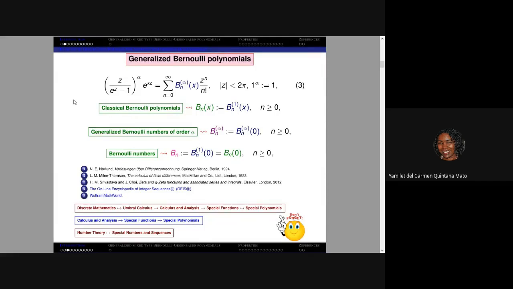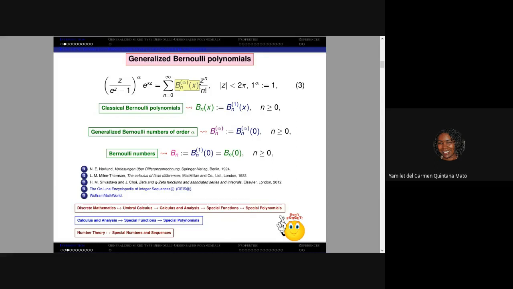The generalized Bernoulli polynomial can be defined by means of expression 3, as the coefficient in this power series. These polynomials are in variable x, degree n, and order alpha.